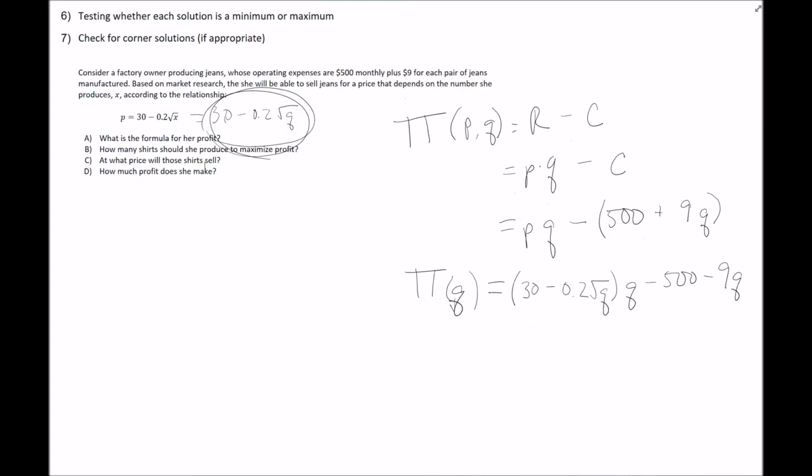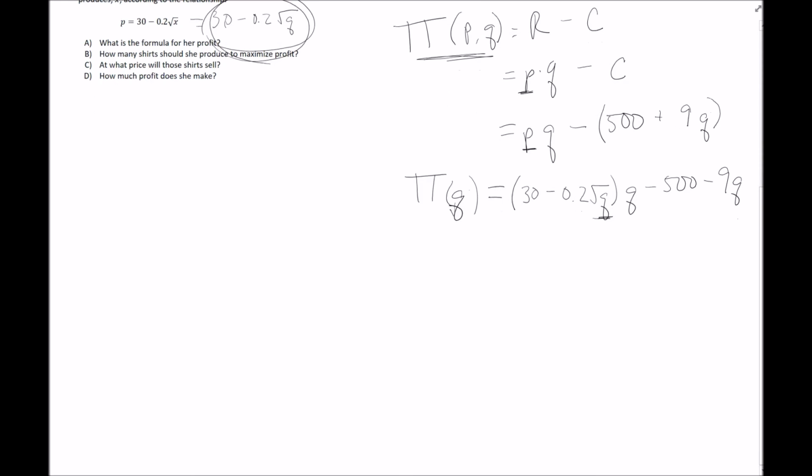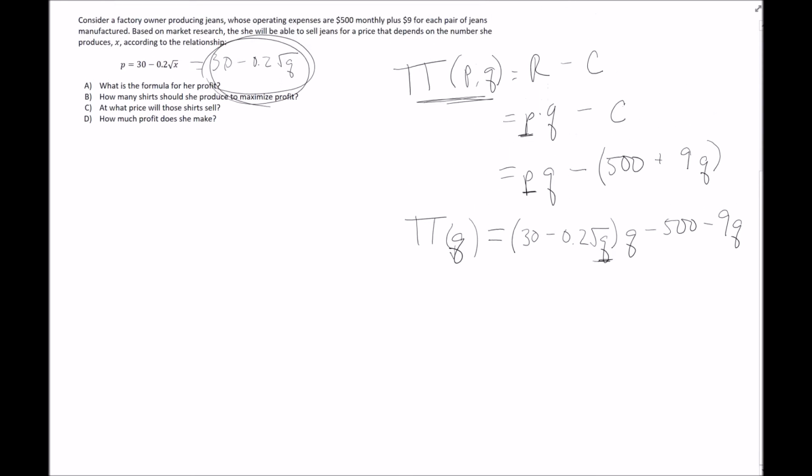We know that we're going to want to maximize this profit function, and we substitute it in for the price, which she doesn't control, but we know that the price is a function of quantity, which is one of her choice variables. Okay, so now we're trying to figure out how many shirts she should sell to maximize the profit.